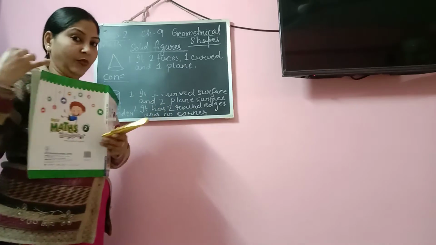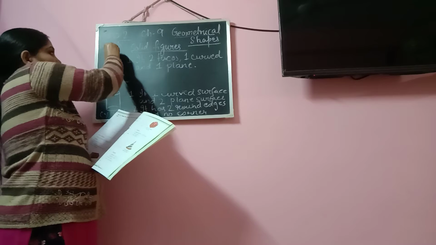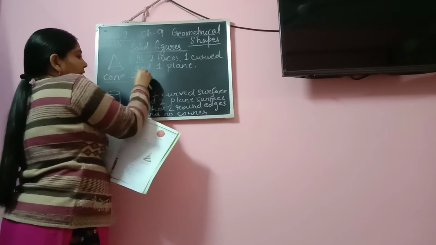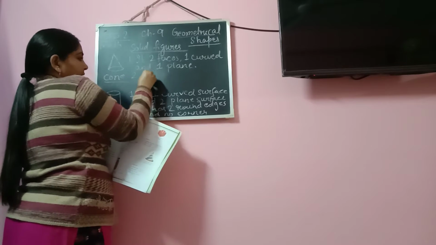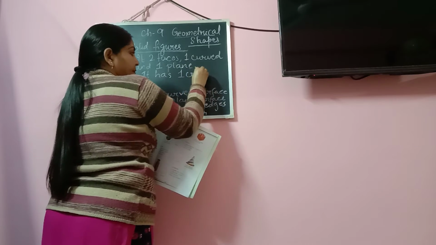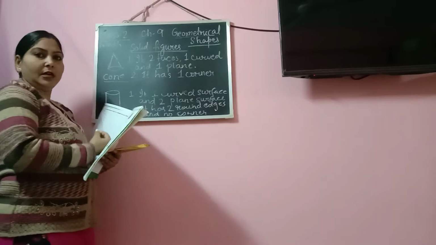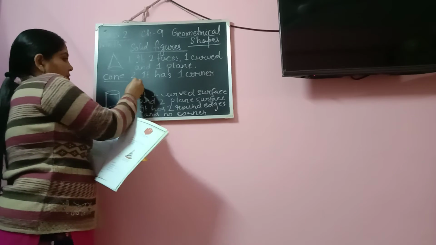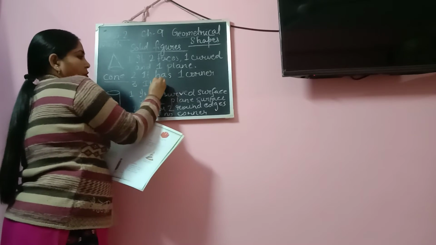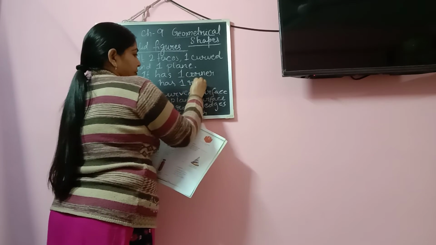Then what else? It has one corner. You can see this is one corner. And one more thing, it has one round edge also. So you can write here, and it has one round edge.